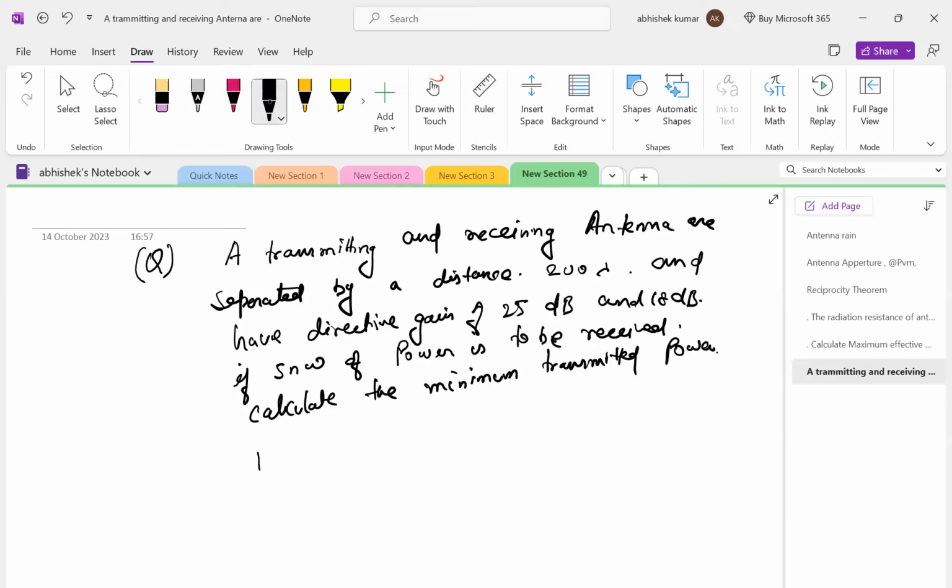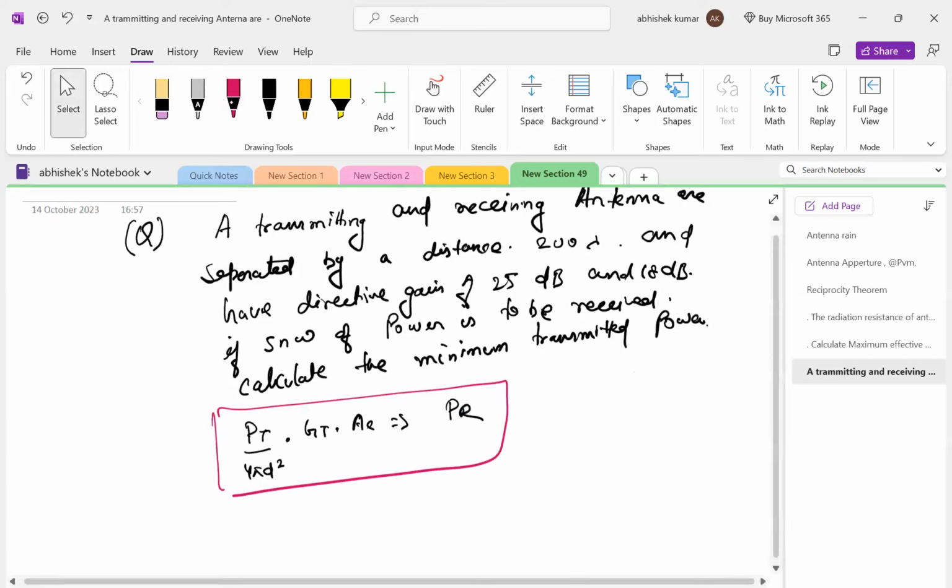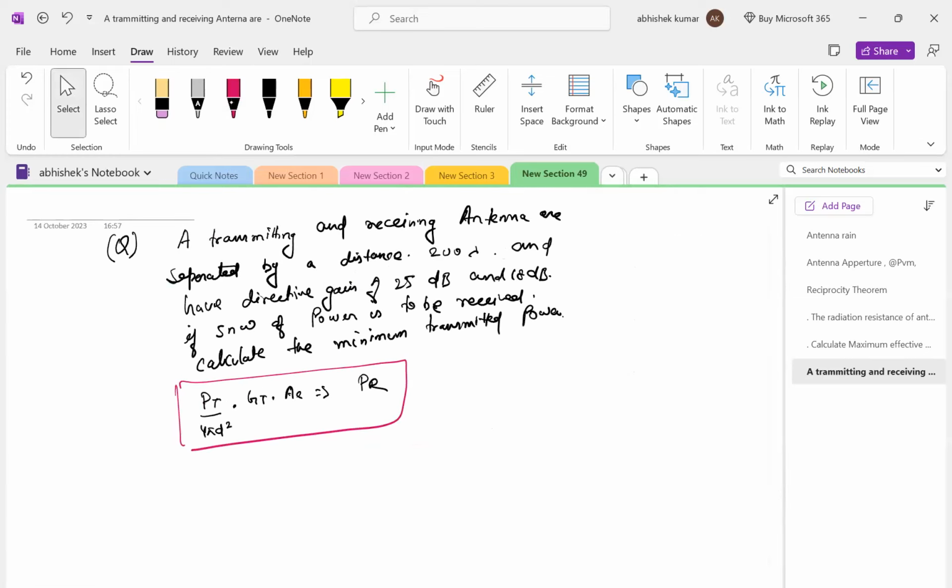See what we studied: power transmitted by 4 pi d square into gain of antenna into aperture area equals power received. We have a directivity gain of 25 dB and 18 dB; you have to convert into the normal form. We know A equals lambda square by 4 pi into gain of the receiving antenna.